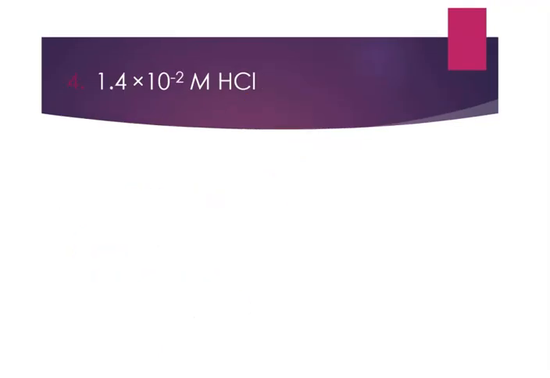Now I have 1.4 times 10 to the negative 2 molar HCl. So this starts with H, which means I'm looking here at an acid. All right, that means that when I do negative log, it's going to give me pH. So I'm going to do negative log 1.4 times 10 to the negative 2.